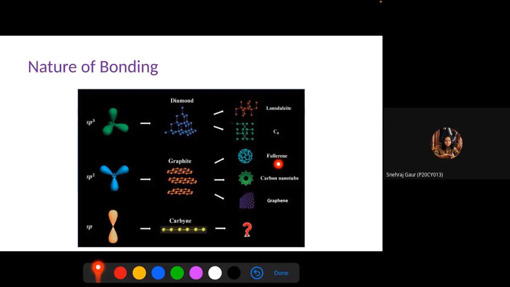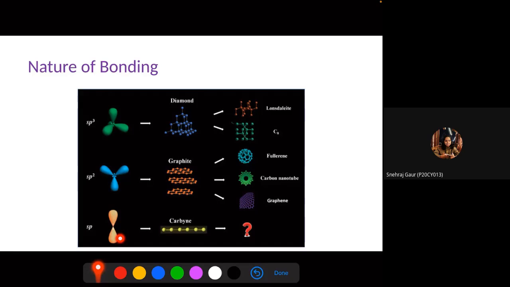I mean, it is not a graphite form, but the reason it is put here is because fullerene, carbon nanotube and graphene all have this sp2 hybridization.